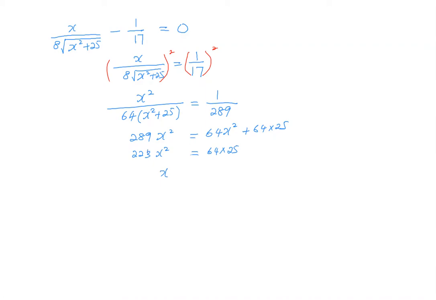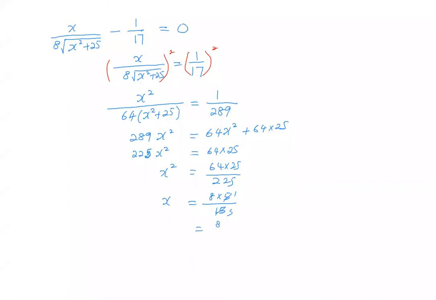Yes, you are right. So my x squared will be 64 times 25 divided by 225. So my x will be square root of 64 is 8, square root of 25 is 5, square root of 225 is 15. Am I right? Yeah, it's 15. Okay, so I got the answer.